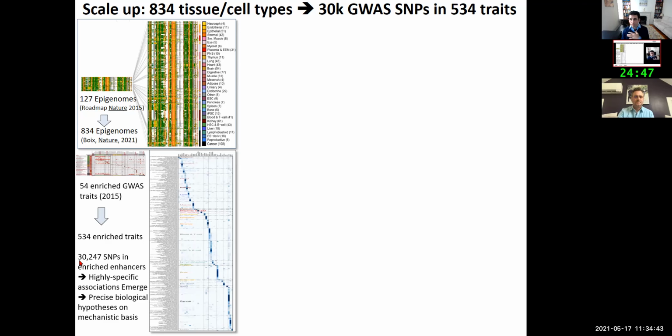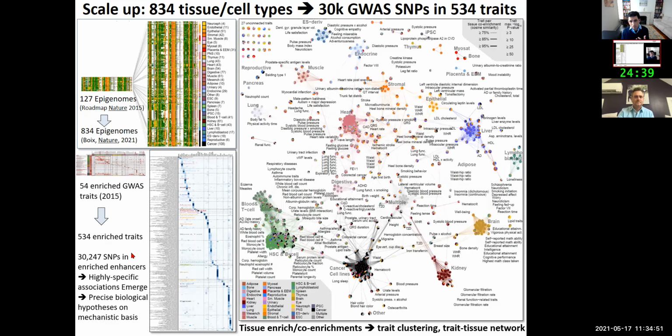And of course, we expect many, many of them to be acting post-transcriptionally and in other non-enhancer associated ways. And also in tissues that are perhaps still not captured by this much larger epigenomic map.